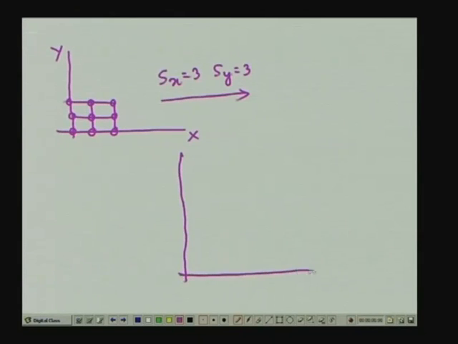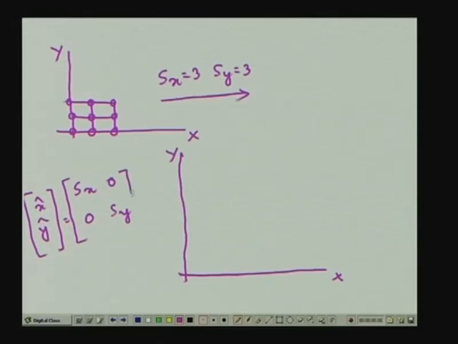Again I put this x y coordinate system. You remember that this scaling operation is given by x hat y hat equal to the matrix s x 0 0 s y multiplied by the column vector x y, where s x 0 and 0 s y is the transformation matrix. x y is the coordinate of the pixel in the original image, and x hat y hat is the coordinate of the pixel in the transformed image.